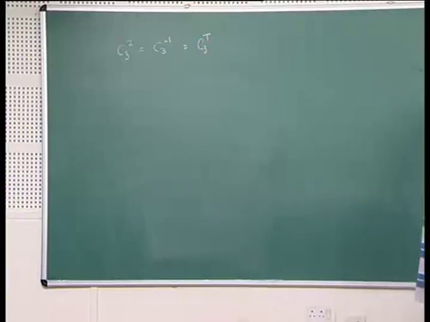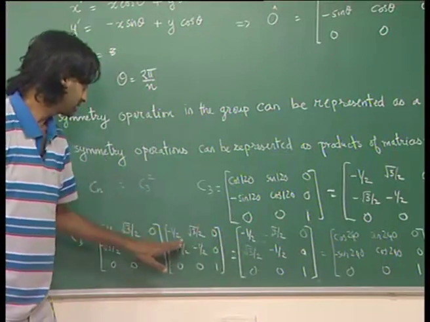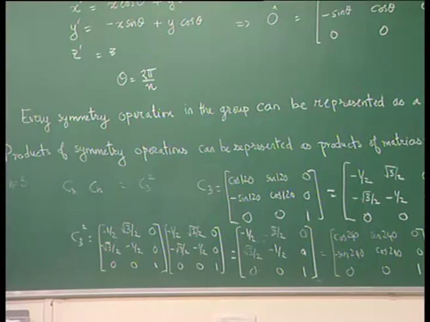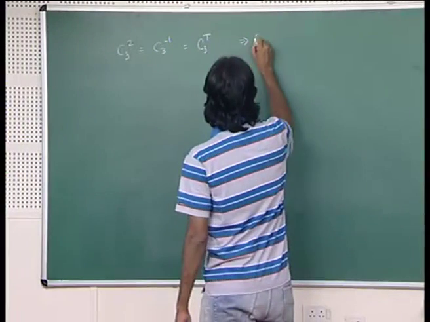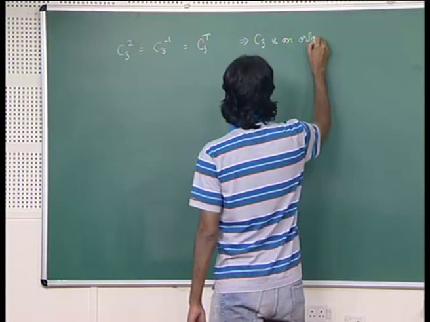So, the inverse of C3, which is C3 square, is C3 transpose. This implies C3 is an orthogonal matrix.